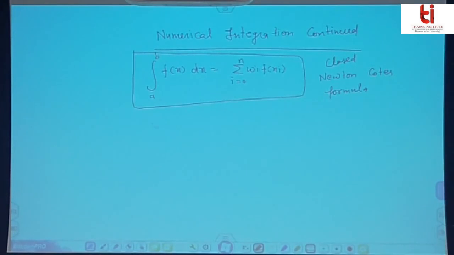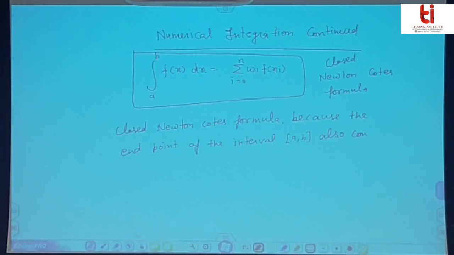Because the end points of the interval a, b are also considered, included in the nodes.